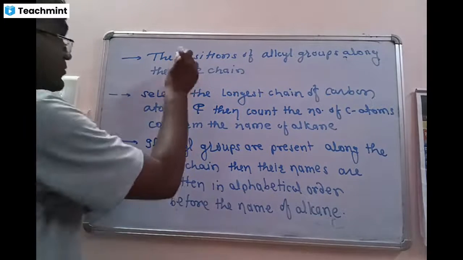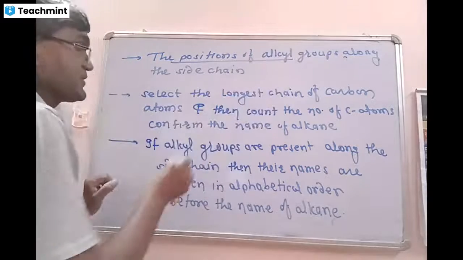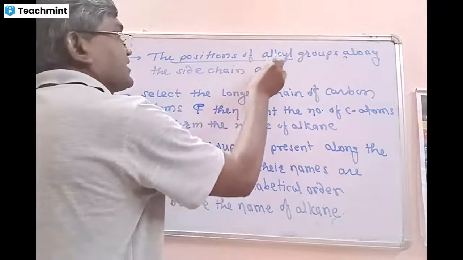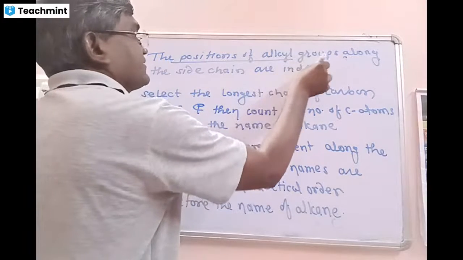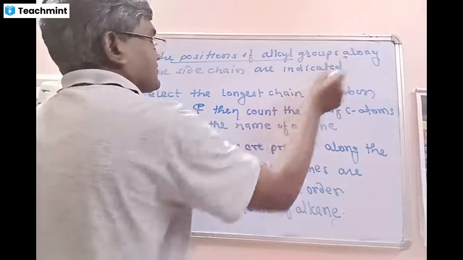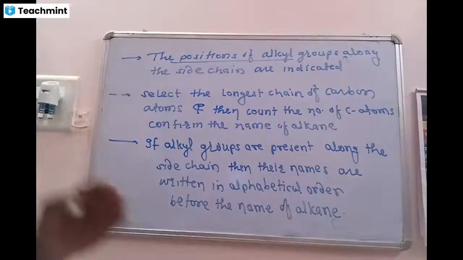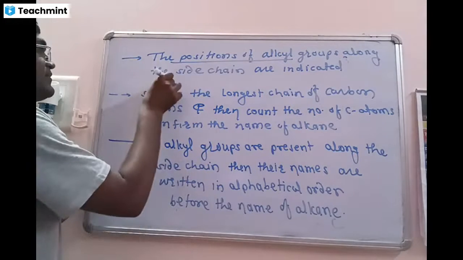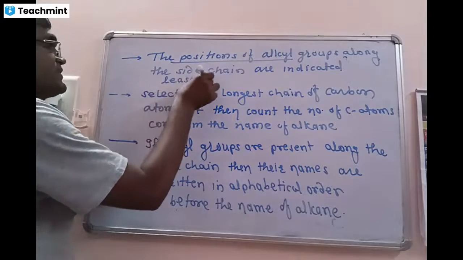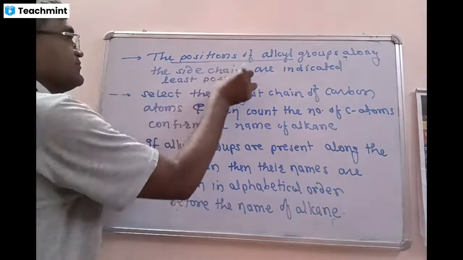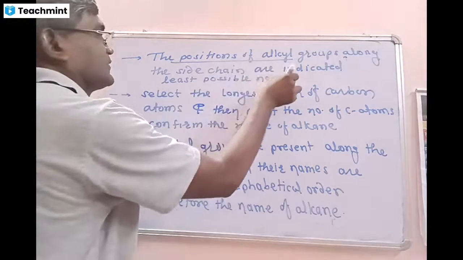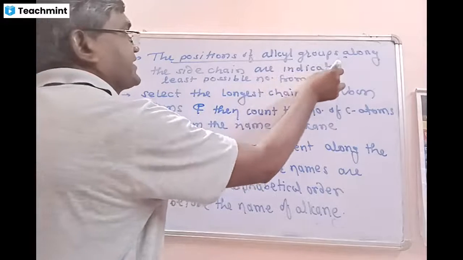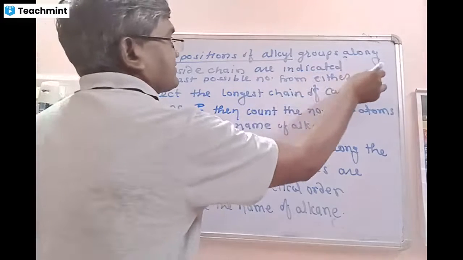That is what positions of the alkyl groups along the side chain are indicated by. That positions are indicated by list possible numbers from either end. आप नंबरिंग किधर से भी कर सकते हैं.